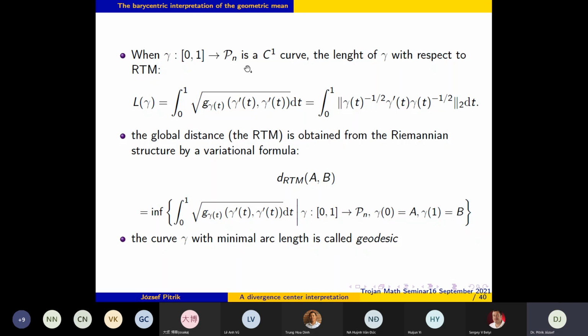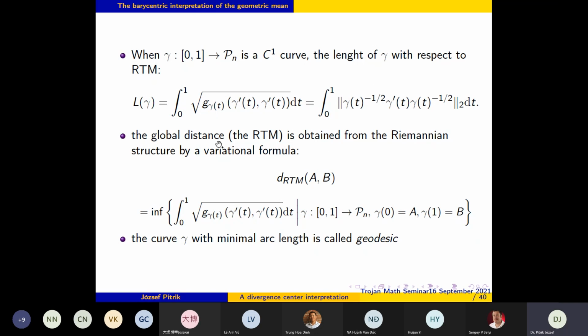When we have a smooth curve gamma, its length can be computed by this formula in Riemannian geometry, which can be written in this form.